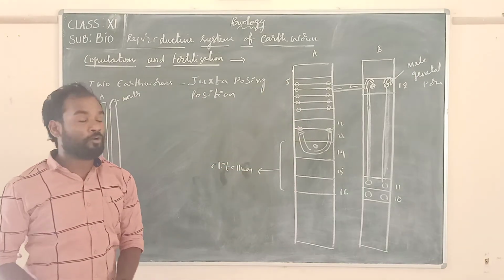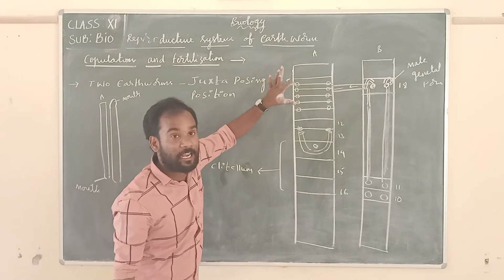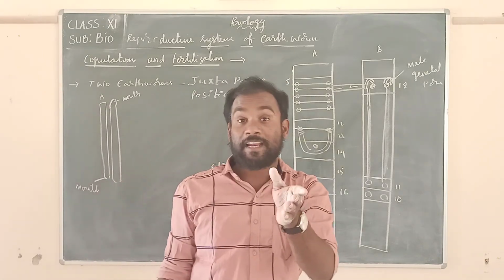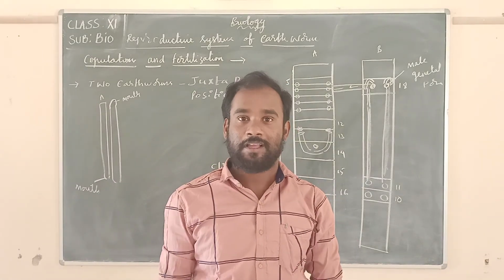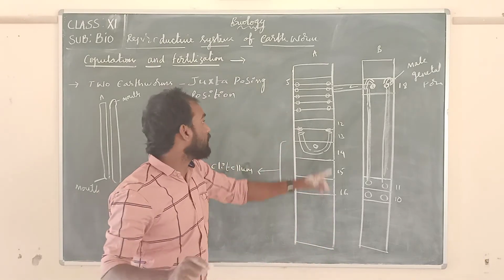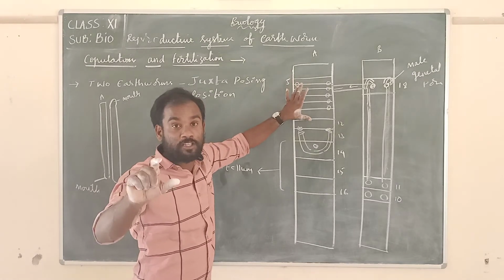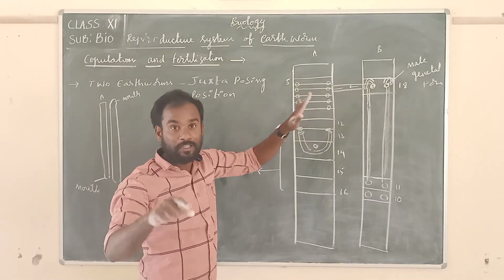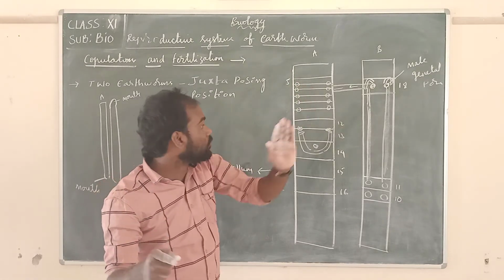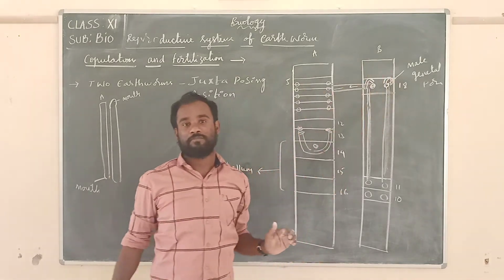I already told you the function of the spermathecal aperture is temporary storage of sperms. You remember one point here, I said I will say its function later in detail. They won't store the sperms of their own. They will store the sperms of the other earthworm.